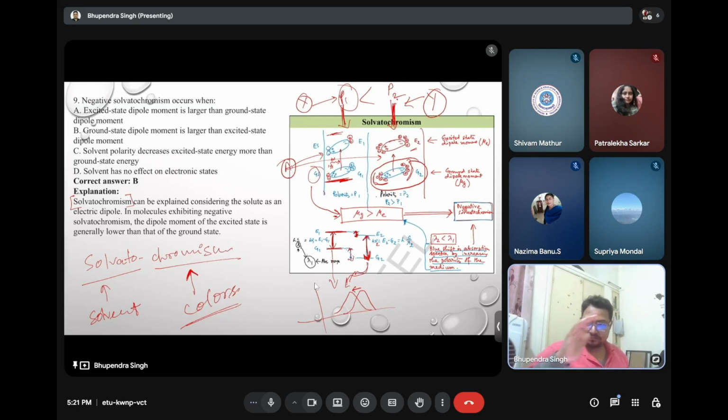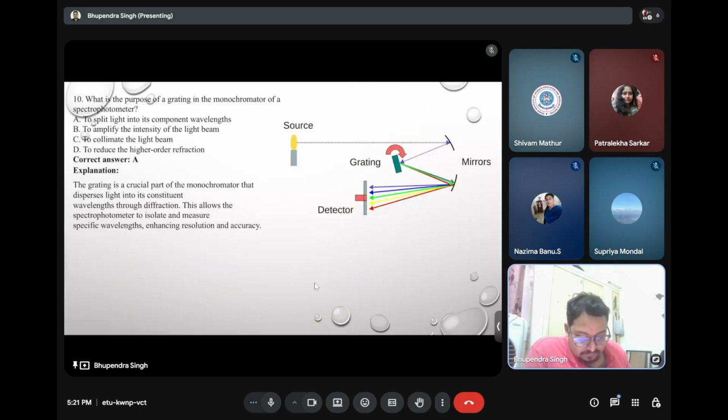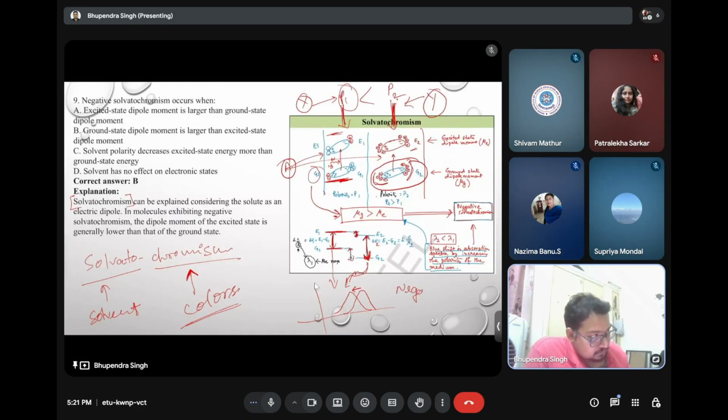This is the full explanation of negative solvatochromism. So this is your negative solvatochromism, negative or blue shift.